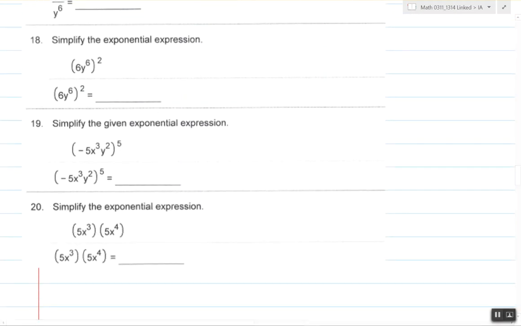Number 18. Number 18 is a power rule, but it is the power of multiple factors inside there. So each factor inside is going to get raised to the 2nd power. So I'm going to get 6 raised to the 2nd power, y to the 6 times 2.